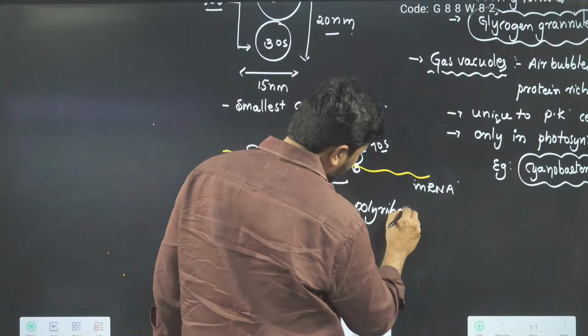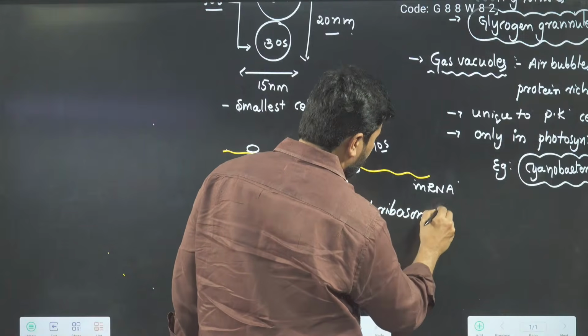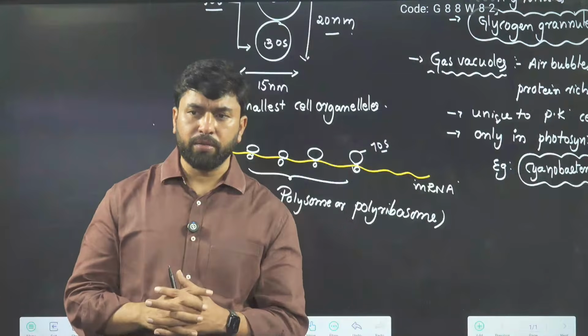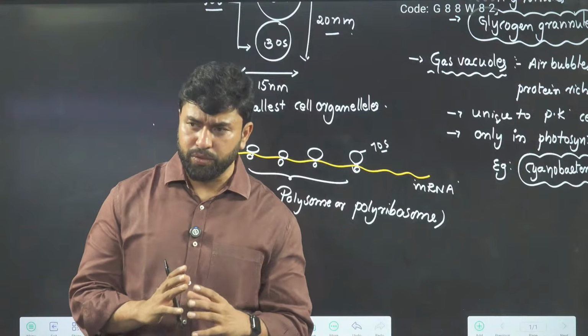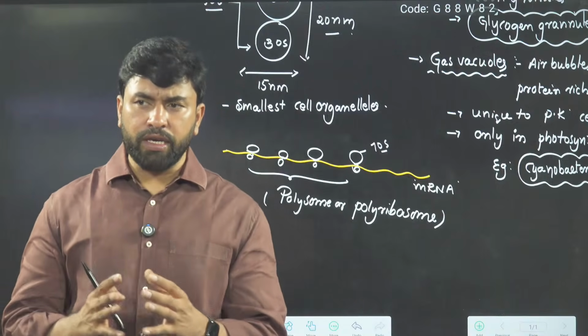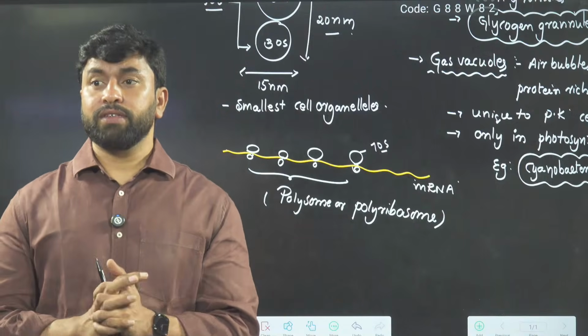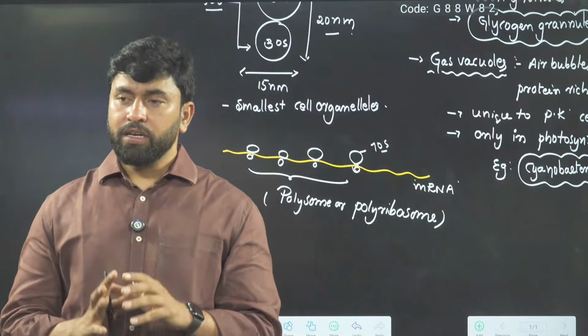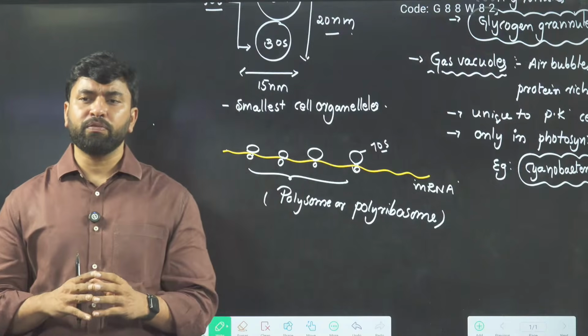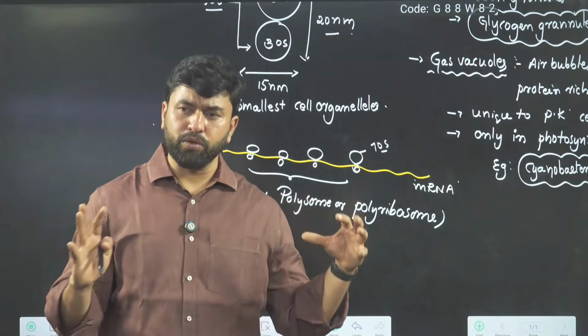Now, this polyribosome is generally developed by prokaryotic ribosomes or 70S ribosomes. In fact, wherever you see the presence of 70S ribosomes, there is a chance of development of polysome or polyribosome.